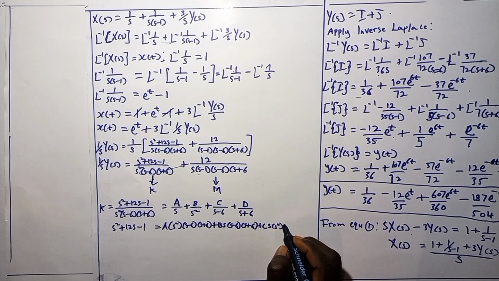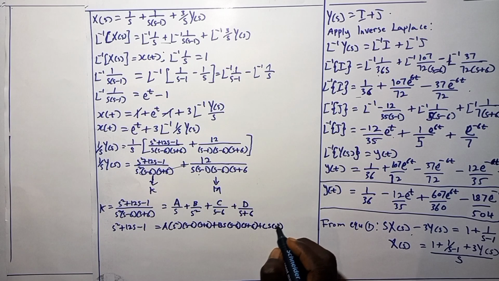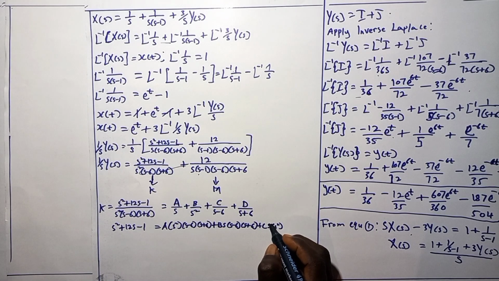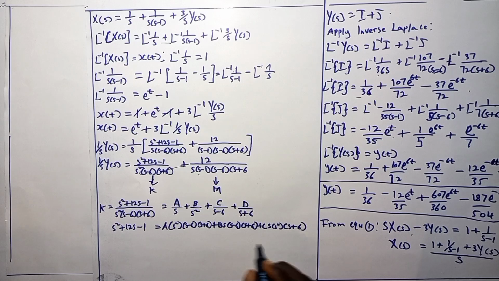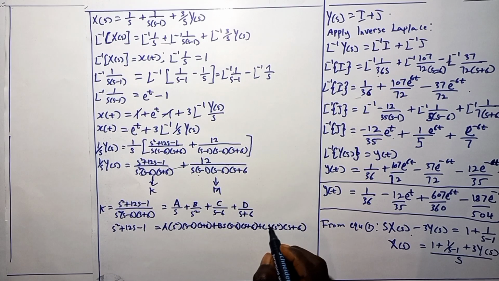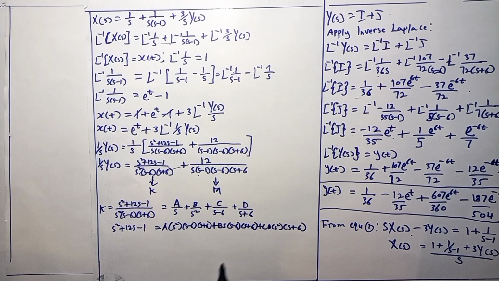We don't need this singular s here, so we have s plus 6. We don't need this singular s. And for this, we only need just one of these s.